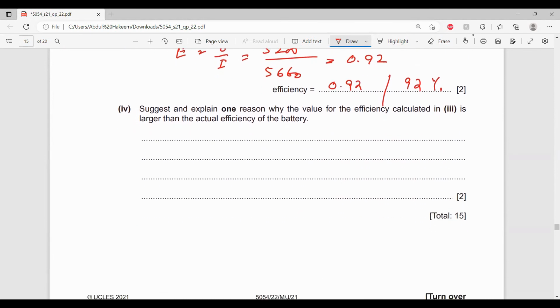Next, suggest and explain one reason why the value of the efficiency calculated is larger than the actual efficiency of the battery.